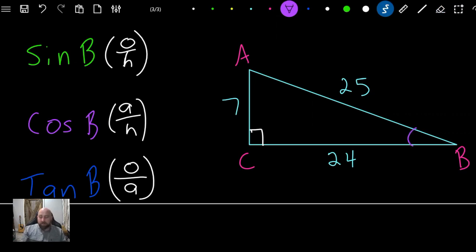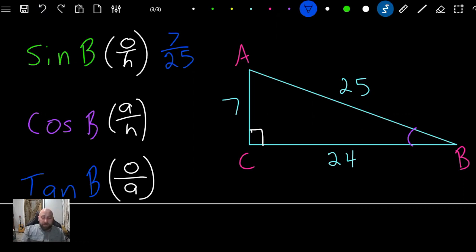We'll put this little arc down here with B now. What is opposite of B? 7. The hypotenuse stays the same, and it's 25. Notice last time when we did A as our reference, it was 24 over 25. This time the opposite is 7, so it's going to be 7 over 25.